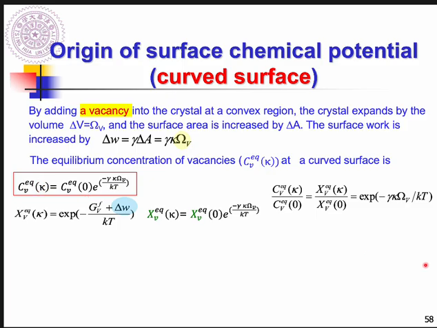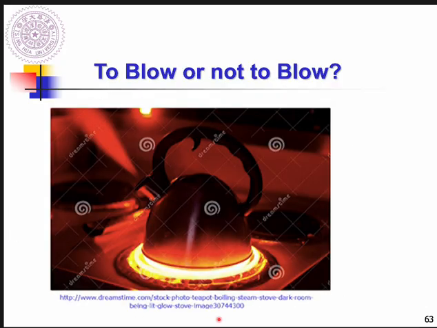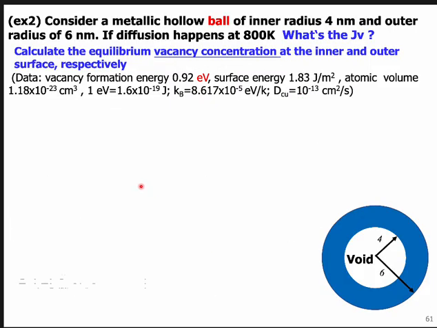So based on these results, we have the chance to estimate the vacancy flux by the mobility, the concentration, and the driving force. And the driving force here would be gamma, omega, and the kappa gradient. But here it is a vacancy. Okay, so this is the chance to get the JV.